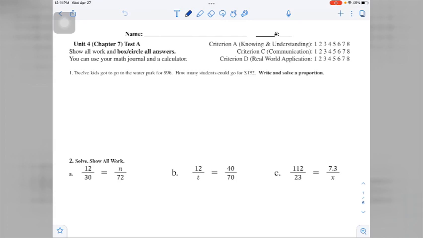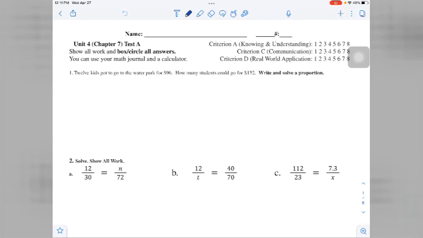So the first problem says 12 kids got to go to the water park for $96. How many students could go for $132? We have two ratios to make a proportion here, and we need to make sure that our ratios are lined up.